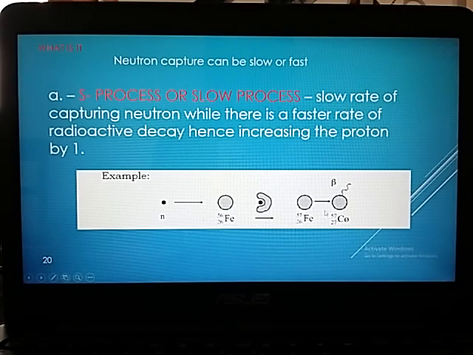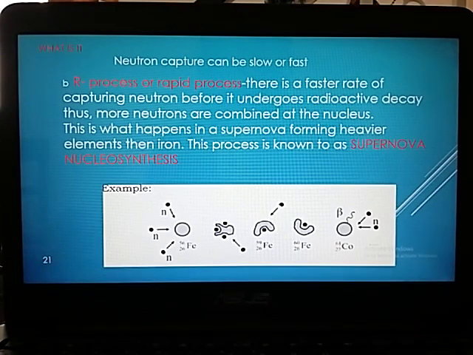Nagdagdag lang ng isang neutron, slow process, while letter B is the rapid process. There is a faster rate of capturing neutron, mabilis. It undergoes radioactive decay. Thus, more neutrons are combined at the nucleus. This is what happens in a supernova, forming heavier elements than iron.